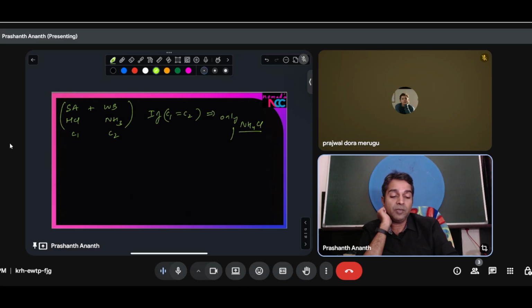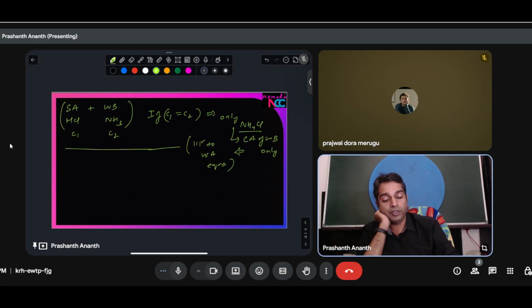Again, we have found out how to treat this. Treat this as a conjugate acid of a weak base only, which implies you can use the regular weak acid equations. All those equations are applicable and you can directly solve for this.